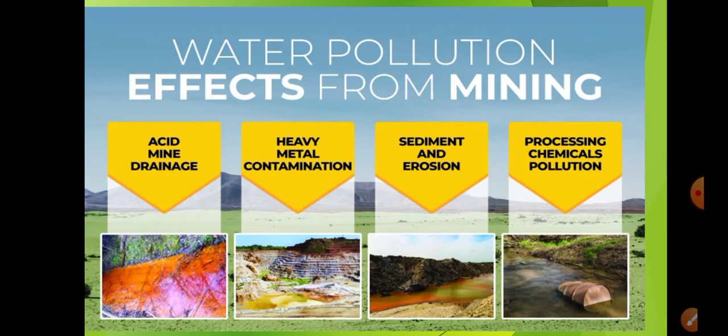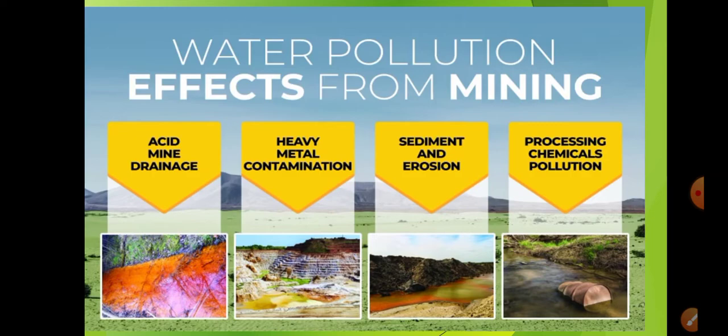Next is sediment and erosion. Mining is like a tunnel where we are digging every time. This can lead to erosion also, thereby causing problems and resulting in water pollution.